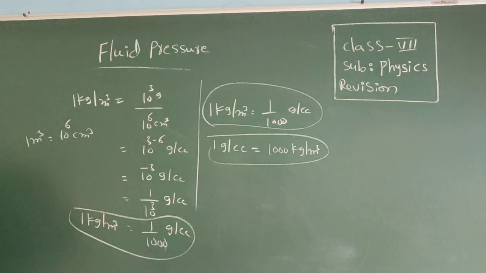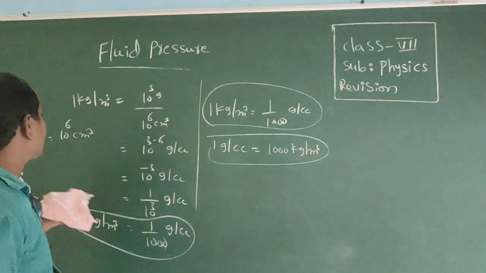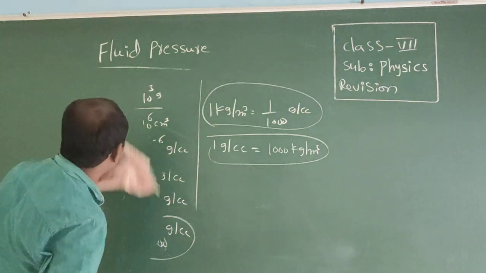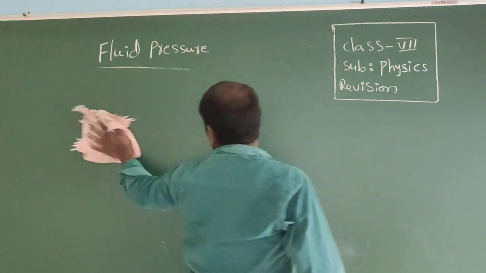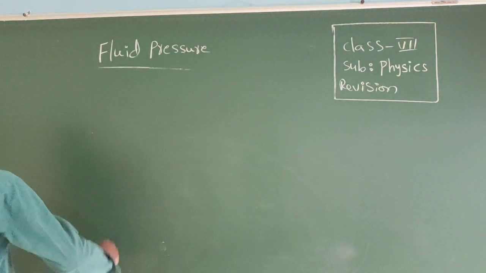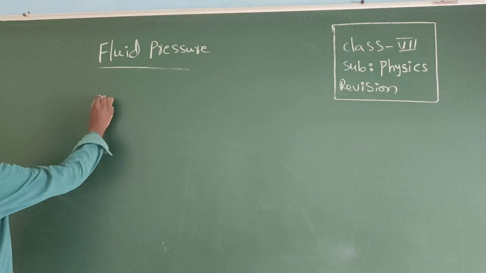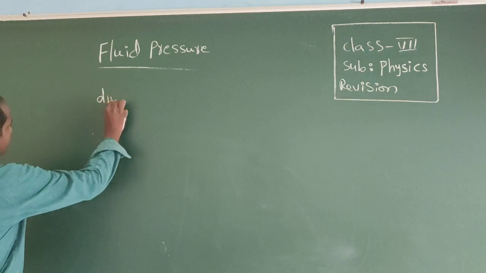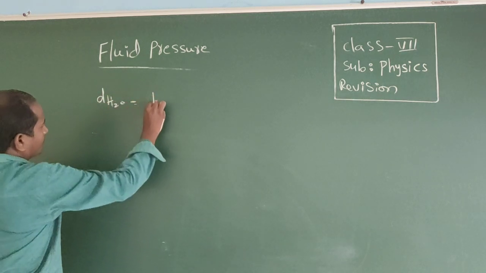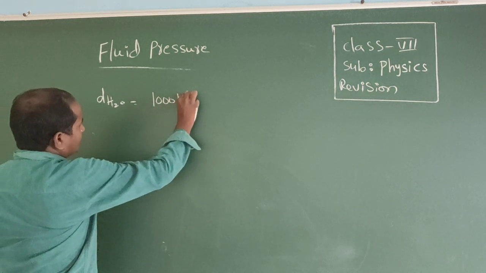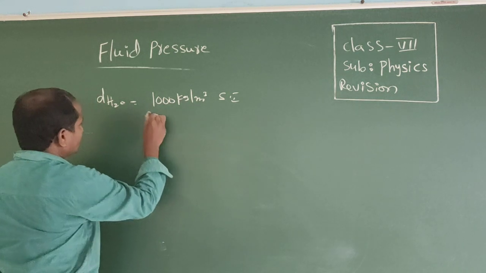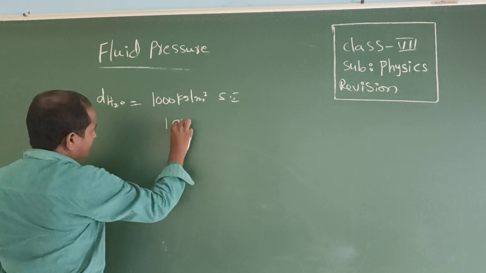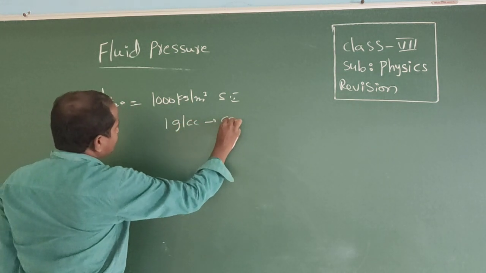Okay, I will write some constant values. Density of water, H2O, equals 1000 kg per meter cube in SI, that is 1 gram per cc in CGS.